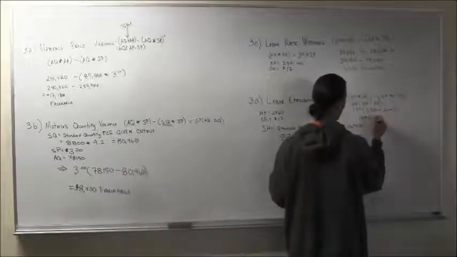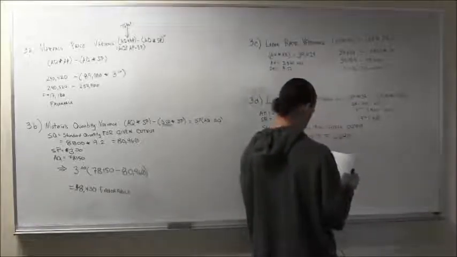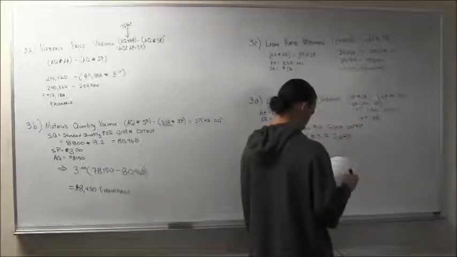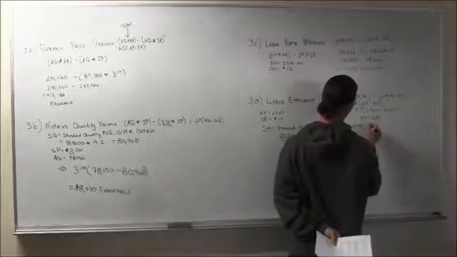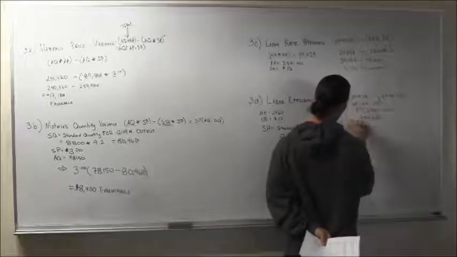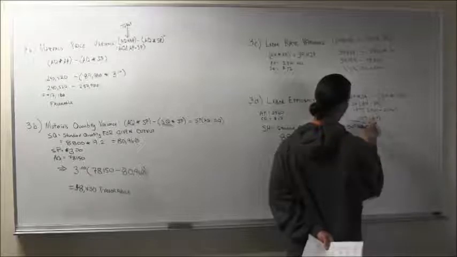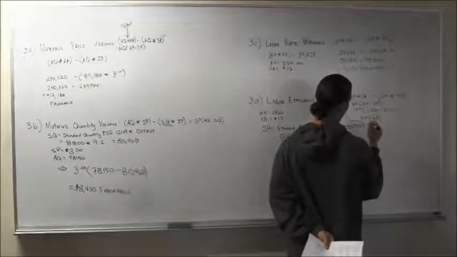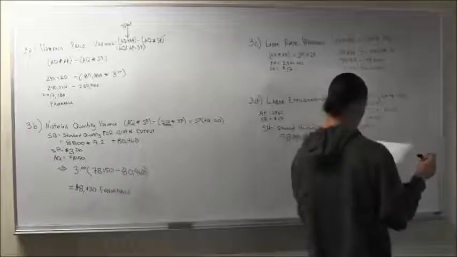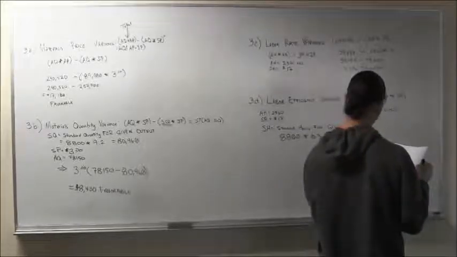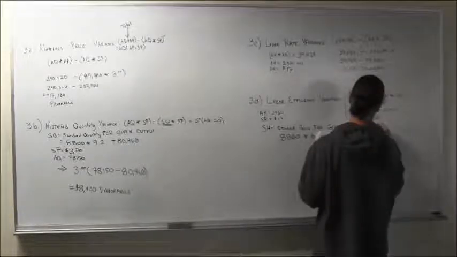And this is negative. Is how much? 17 times 8. $1,360.